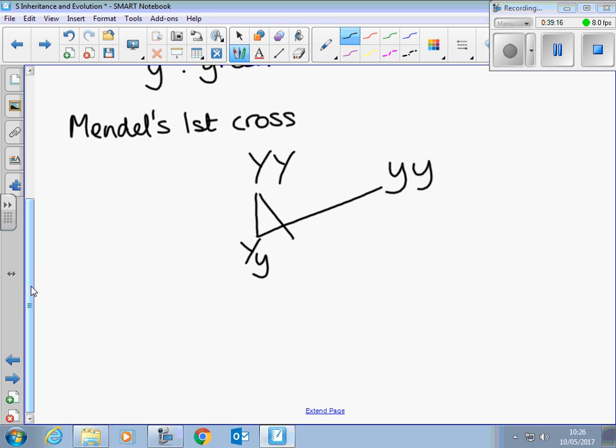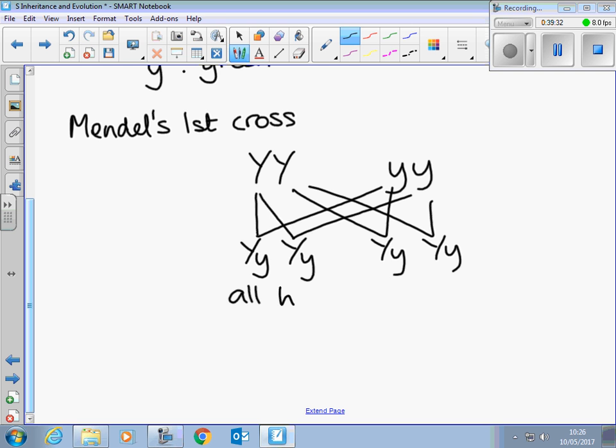So all the offspring will have the same genotype, which is heterozygous, and colour-wise they're all yellow. Yeah. So all heterozygous yellow.